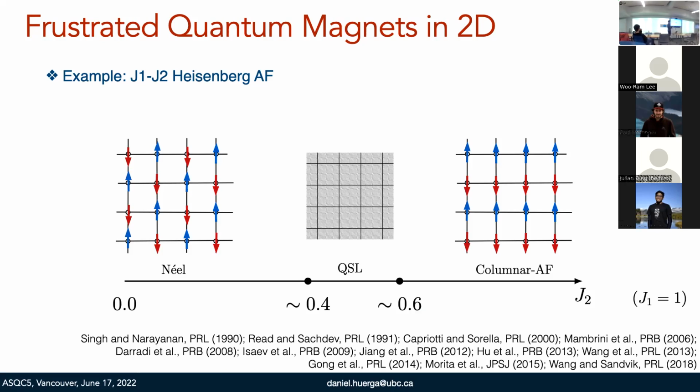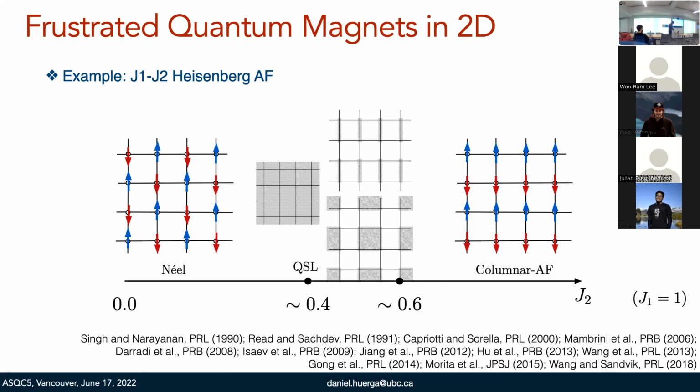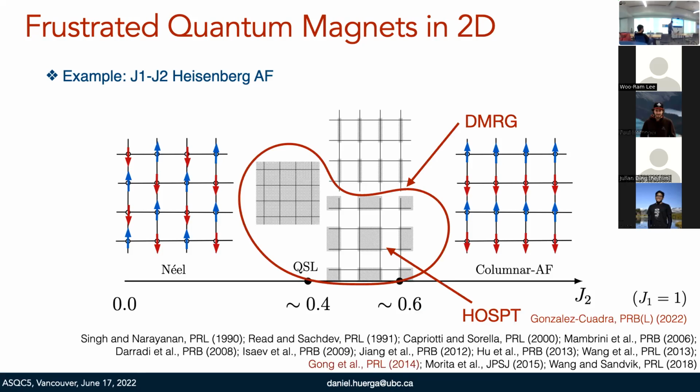Here I'm using this gray region to sketch entanglement in the phase. And recent DMRG results of Gong and co-workers have argued that there is a transition to a valence-bond solid through a quantum spin liquid phase.